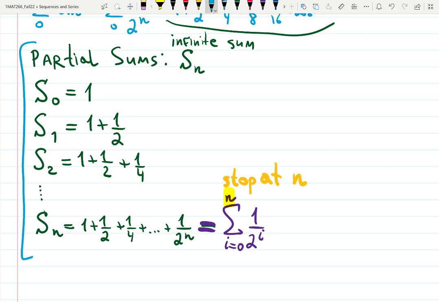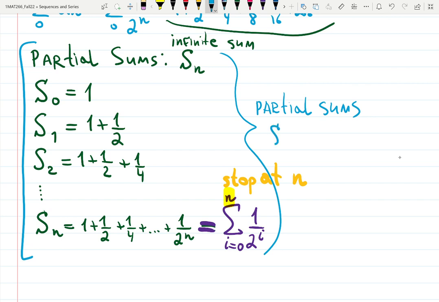And now, very interesting, check it out. Partial sums look like so: S sub 0, S sub 1, S sub 2, and so on, S sub n. Does it remind you of anything we just learned?